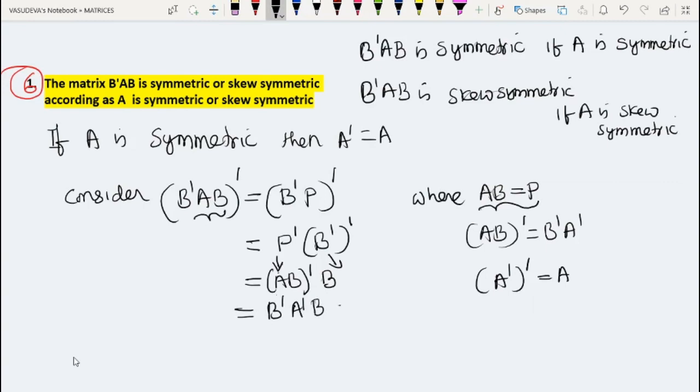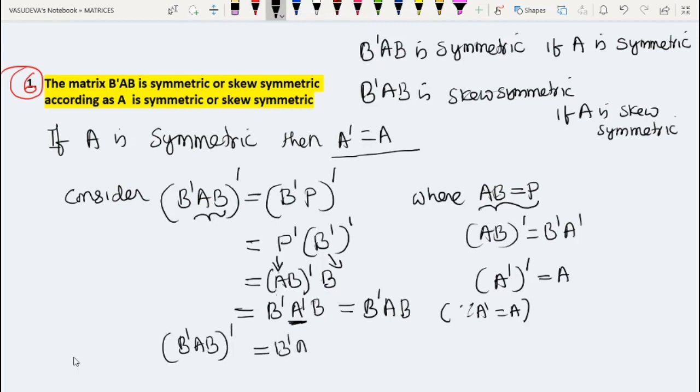So again here this A' is symmetric because A is symmetric, so A' is equal to A. So we can write B'A' as B'A because A' is equal to A. So we proved that (B'AB)' is equal to B'AB.